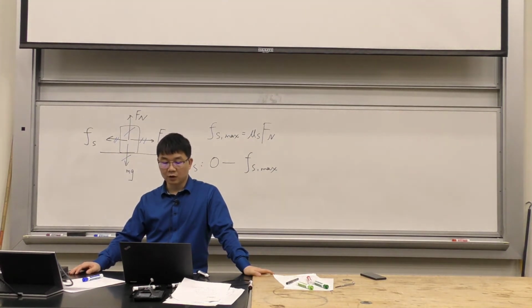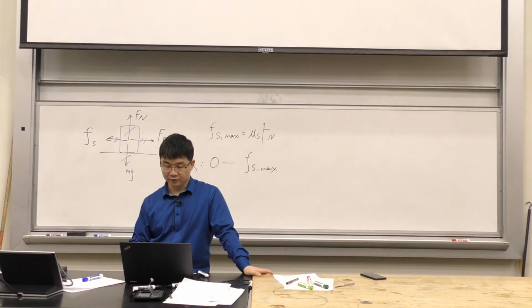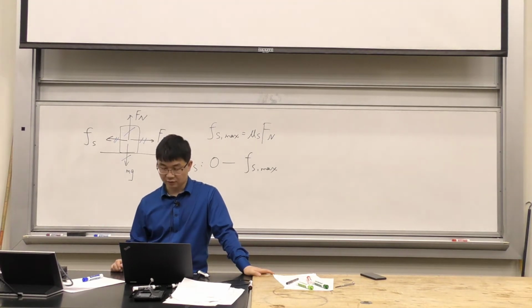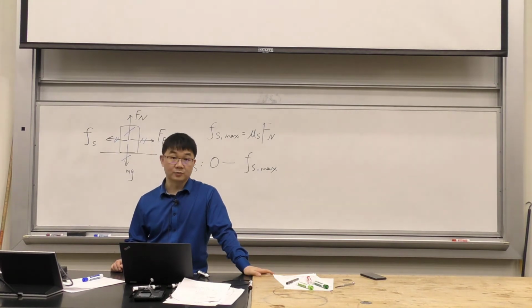So if you look up a table of coefficients of static friction, you can see, for example, I have included a table on this slide. You can see the mu s between different surfaces. They have been determined by experiments.